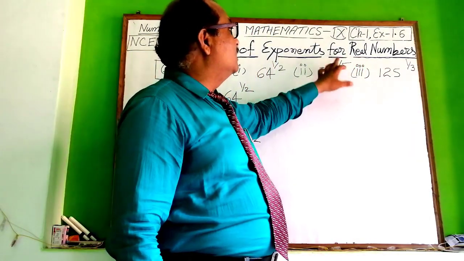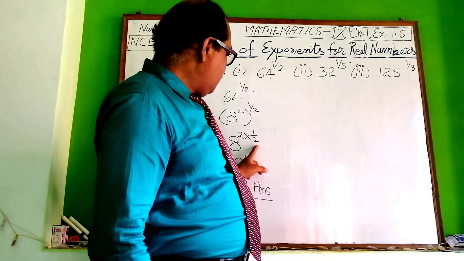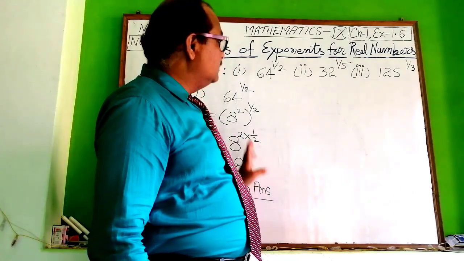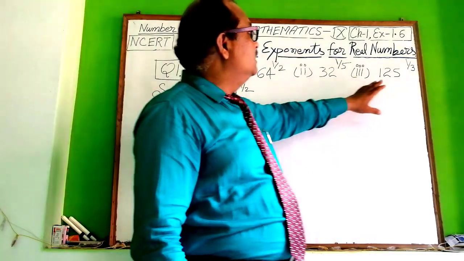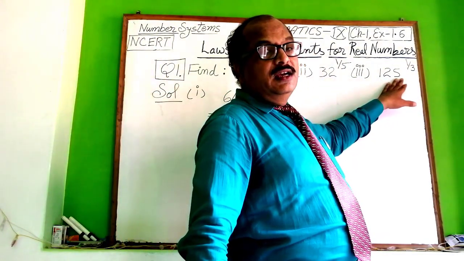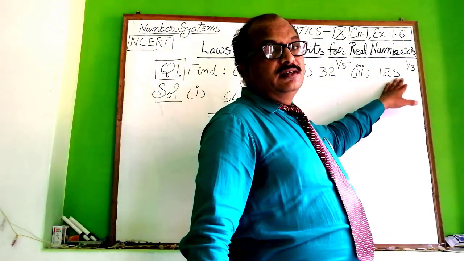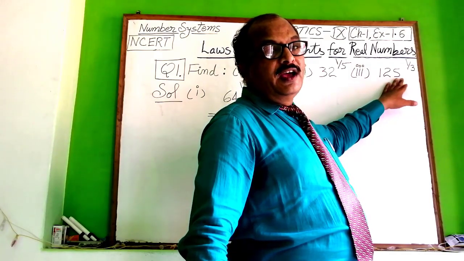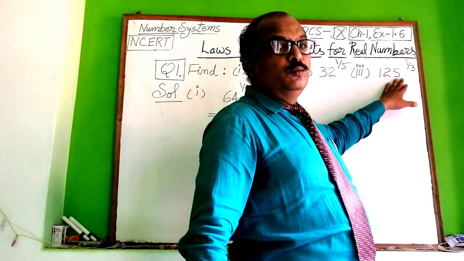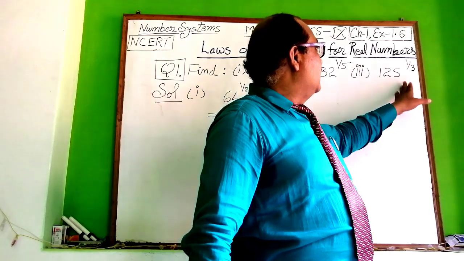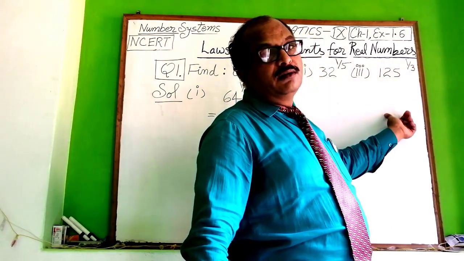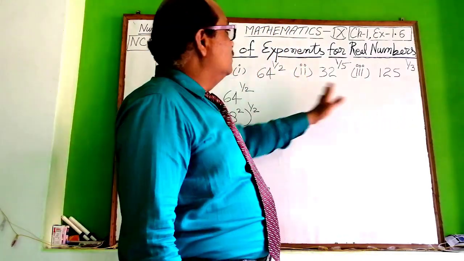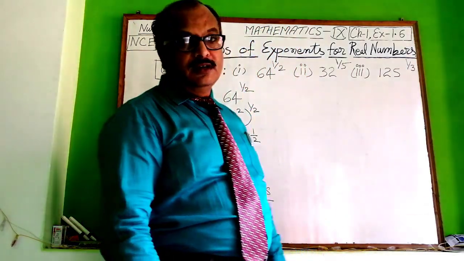In the same way you can cancel and you will get 2 only. In this case, 125 is 5 into 5 into 5, meaning 5 cube, whole to the power 1 upon 3. So 3 cancels, and the answer will be 5. So this is the solution for question number 1.